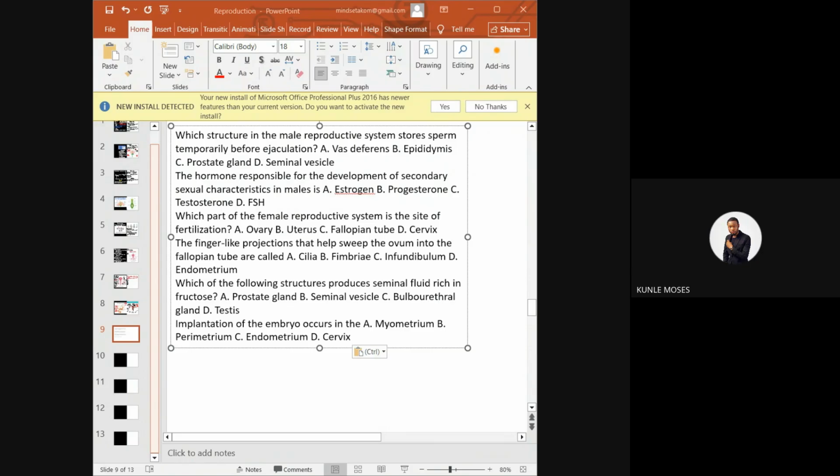I talked about myometrium, perimetrium, and endometrium. Endometrium is the inner layer, and that is where the embryo is implanted. That's the endometrium, right? Yes. Okay, let me look for other questions.